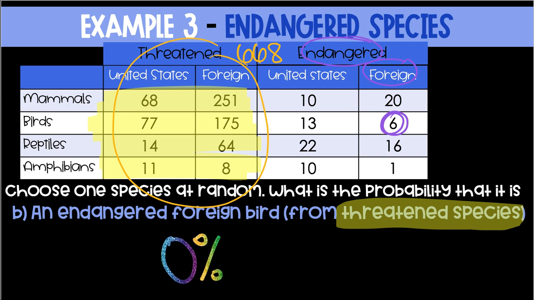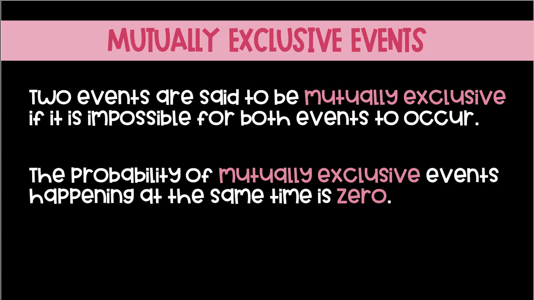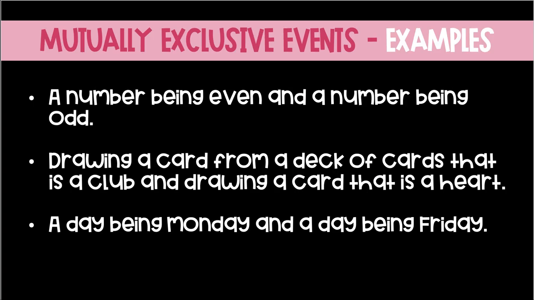And just like in this example, mutually exclusive events happening at the same time have a probability of 0. Here are some examples of mutually exclusive events: a number being even and odd at the same time, drawing a card from a deck that is a club and a heart at the same time, or a day being Monday and Saturday and Friday at the same time.